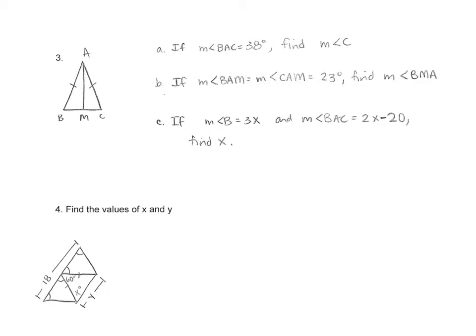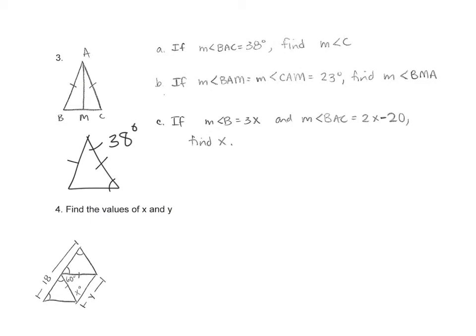Letter A. If the measure of angle BAC is 38 degrees, I'm going to draw this over here. So if BAC is 38 degrees, we know it's isosceles. Find the measure of angle C.